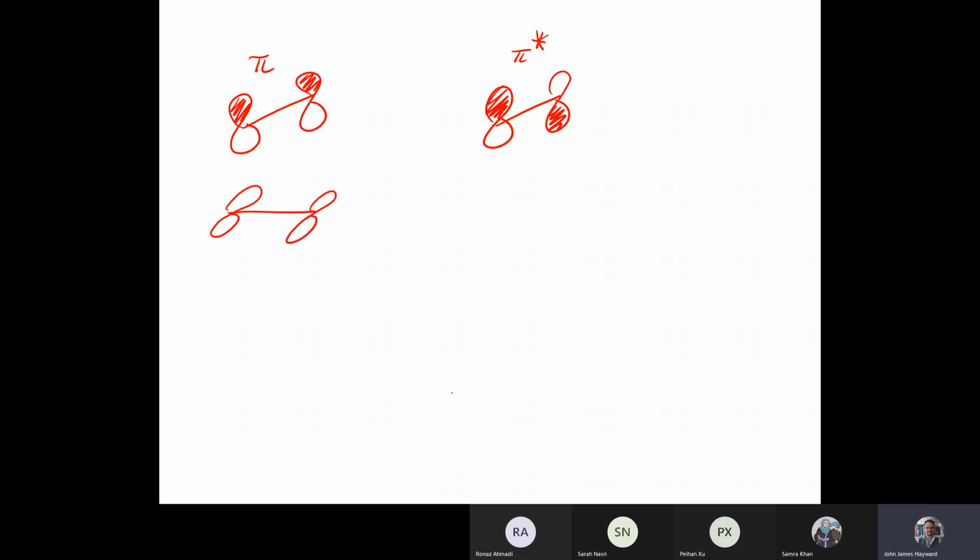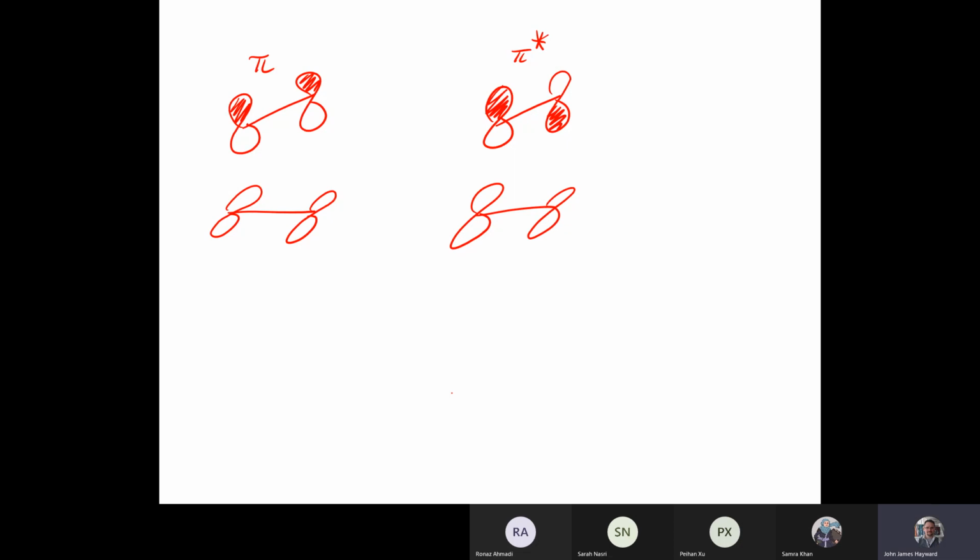So what's happening if you have 2 pi bonds? I'm going to shade in, this is going to be the pi, and this one over here is going to be the pi star. So we've now got a second one doing this and this.